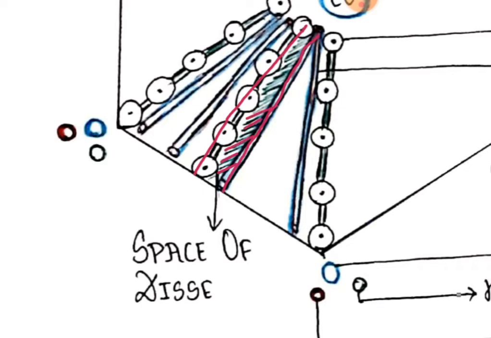So this perisinusoidal space is known as the space of Disse. This space of Disse has its own importance, about which we will see at the end of this video. So between the sinusoids and the hepatocytes we have the space which is the space of Disse.